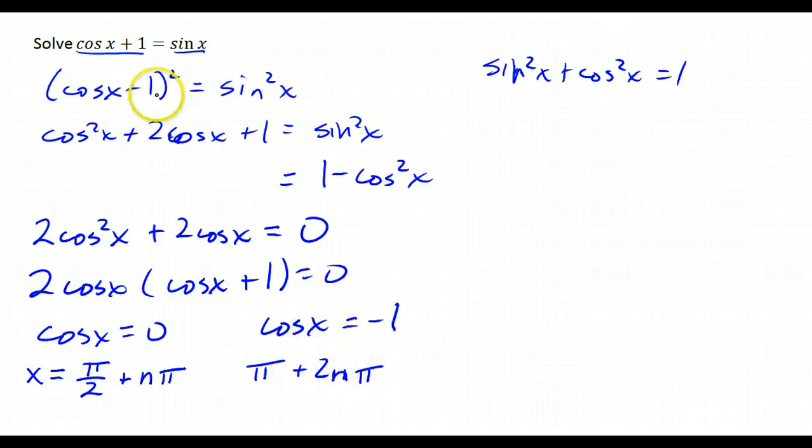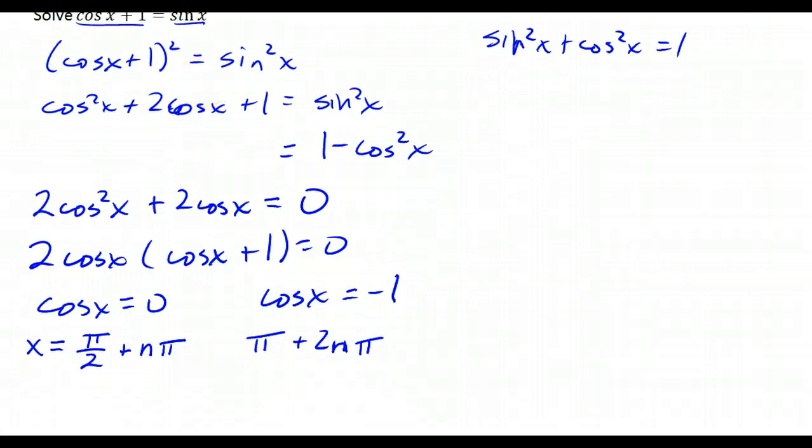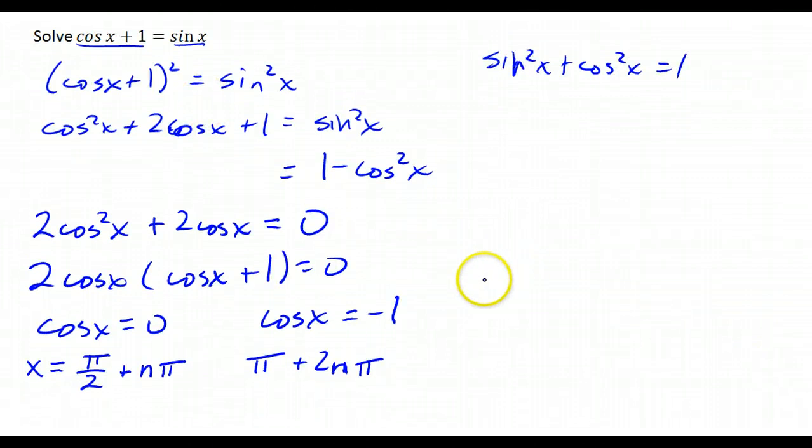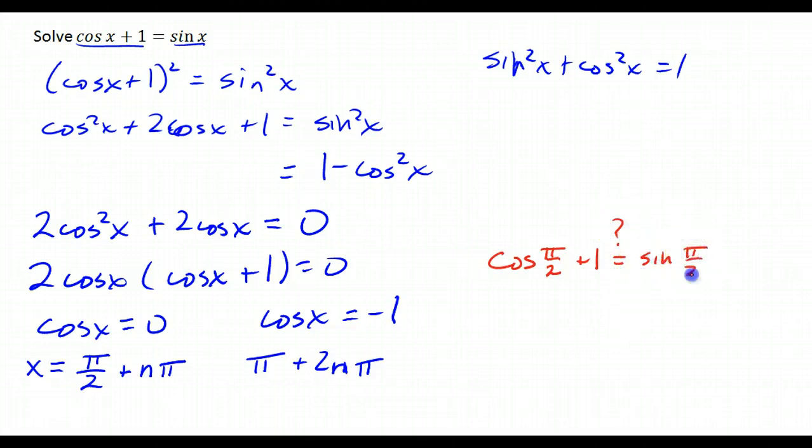Now, since I squared both sides, I really need to check my answers in the original problem to make sure they work. So let's go ahead and do that, okay? So let's check out pi over 2. Is the cosine of pi over 2 plus 1 equal to the sine of pi over 2?